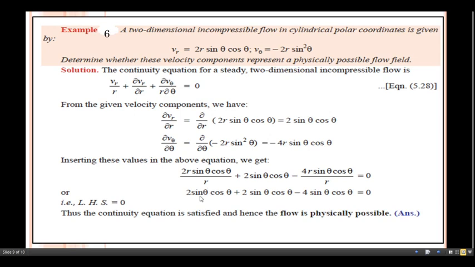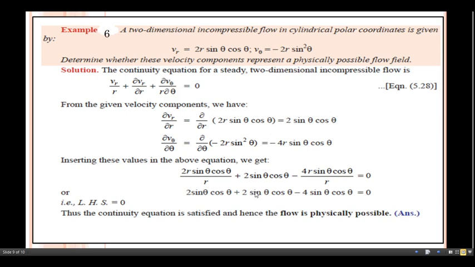Okay, means if you make the base common, so what can we get here? Here r and r get cancelled, here r and r get cancelled. So 2 sin theta cos theta, and what about this one, 2 sin theta cos theta minus 4 sin theta cos theta.